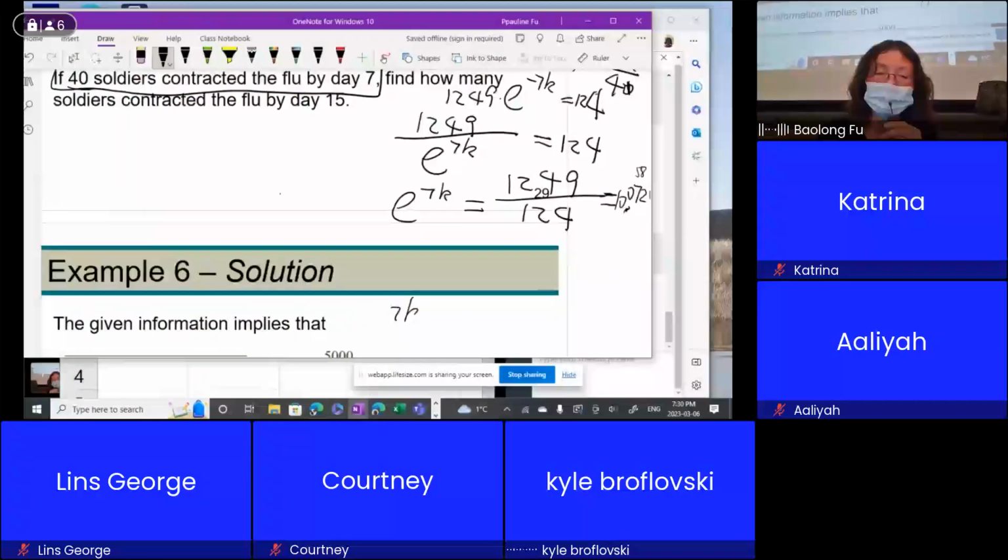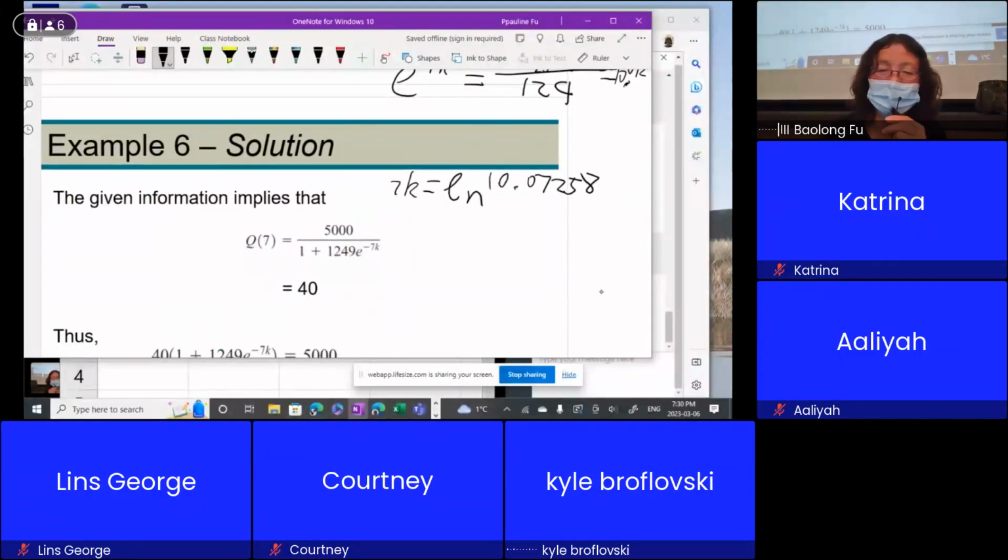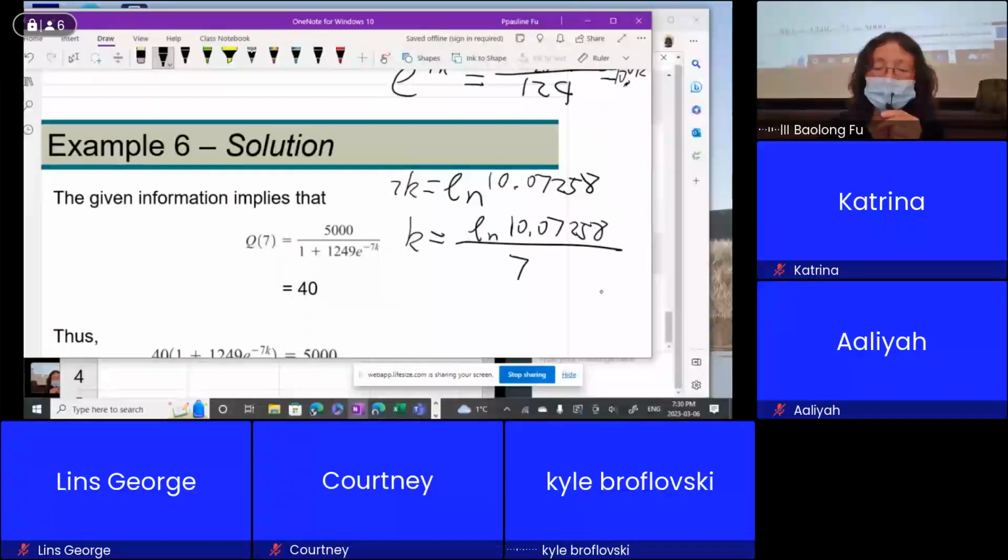So 7k equals ln of 10.07258, and then k equals ln of that divided by 7. That is k.